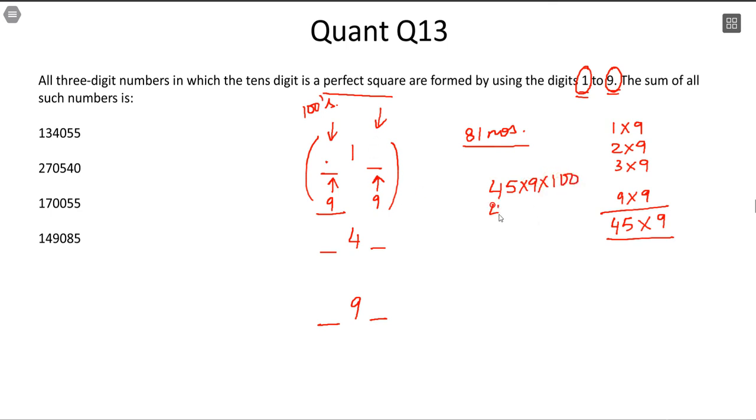From the units place, it would be 45 into 9. Now from the tens place, you have 81 numbers. In all those 81 numbers, you have 1 here. So contribution to the sum would be 81 into 1 into the placeholder's value, which is 10, and this would be the sum of all the numbers with 1 at the tens place.